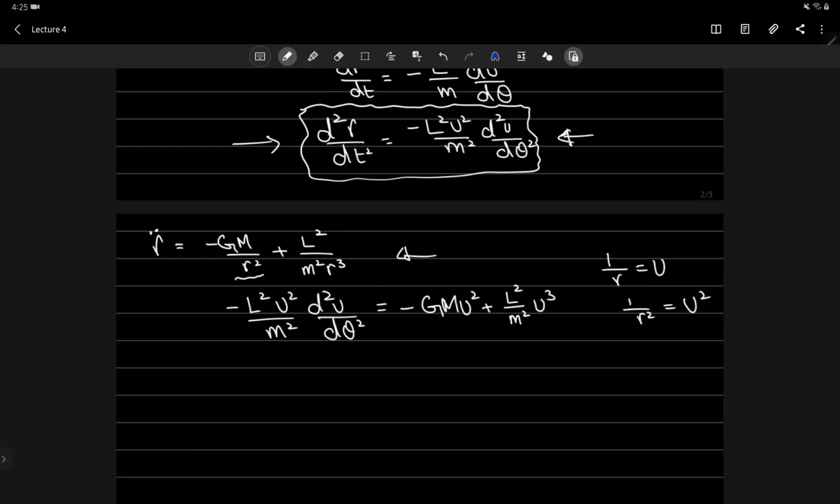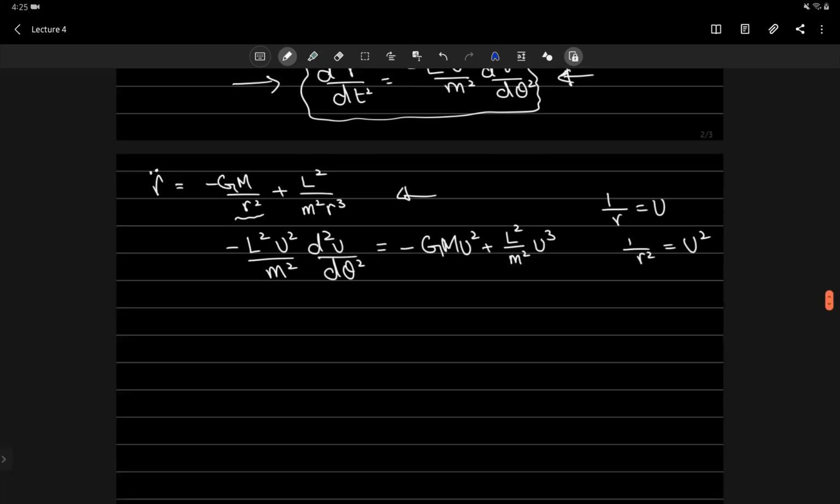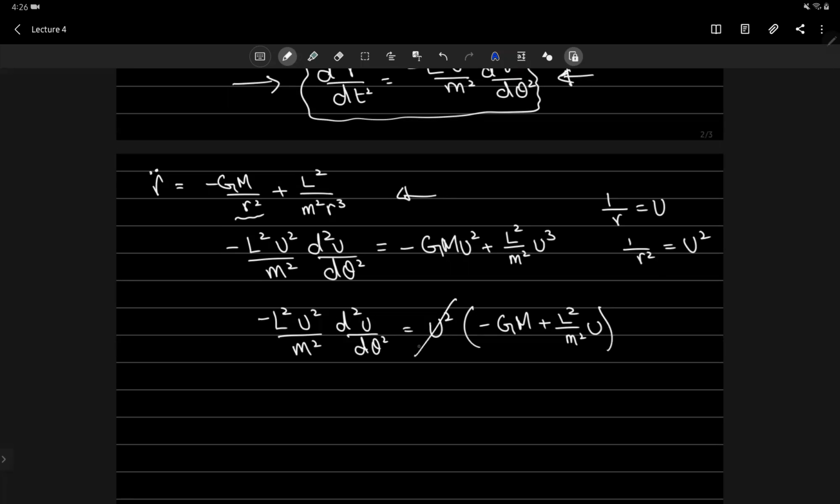Well, the next step is simple. You can factor u squared from here, so you would have this thing. And over here, I'll factor out u squared, and I would be left with minus GM plus L squared over m squared times a single u. And I can get rid of this u squared with this one.